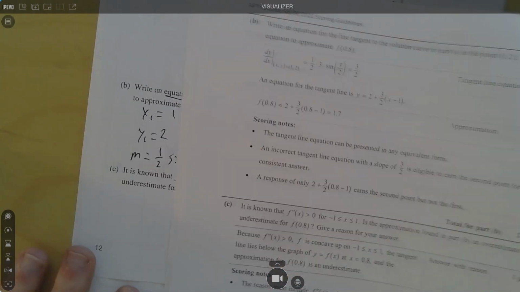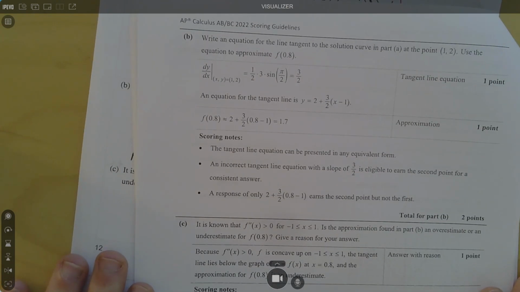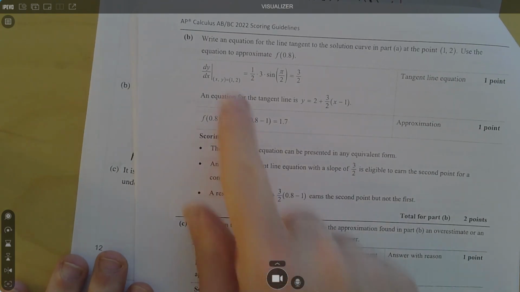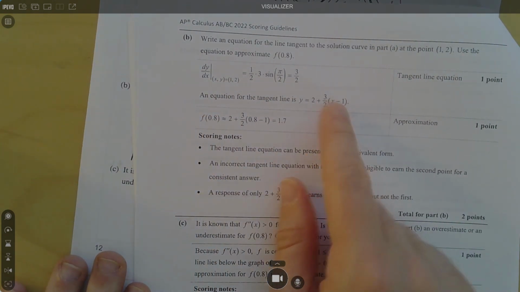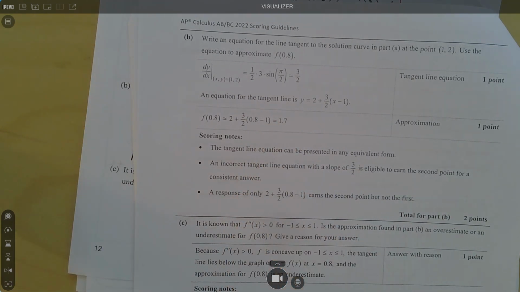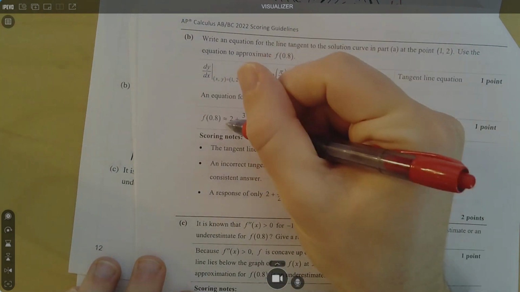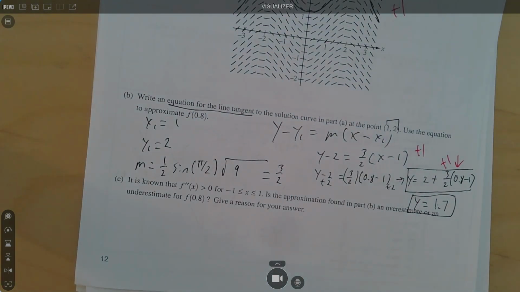Let's look at the answer key just to check it over. They got the derivative, 3 over 2, like we did. They wrote the equation, that's 1 point. Then they plug in the 0.8 just like we did, and get 1.7. One thing I would specify is that I'm writing y equals this.